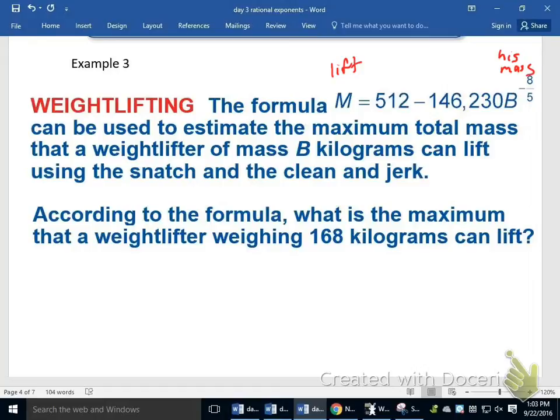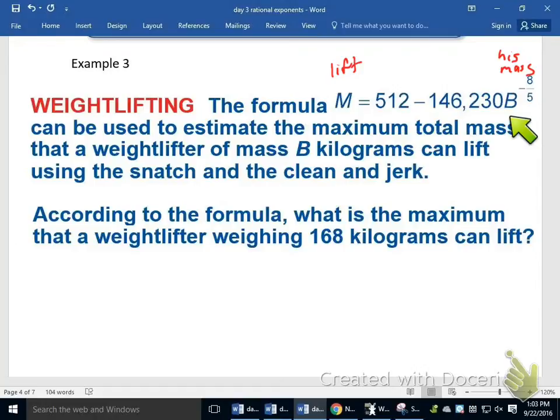According to the formula, what is the maximum that a weightlifter weighing 168 kilograms can lift? All we're needing to do is put in 168 for B. That's the reason why I made this note of which one's which, is to know what to substitute for. The weightlifter is 168 kilograms. That's B, his mass. So we'll put it in there.